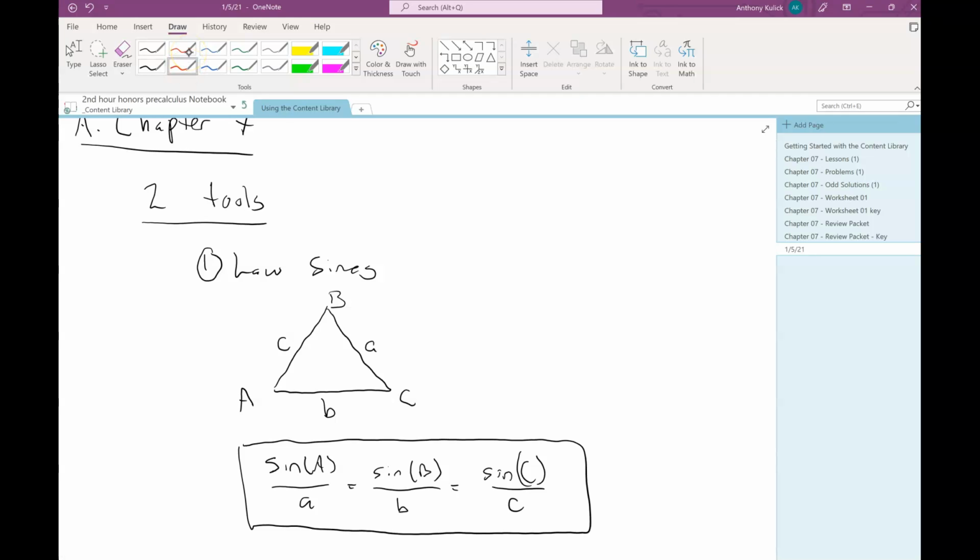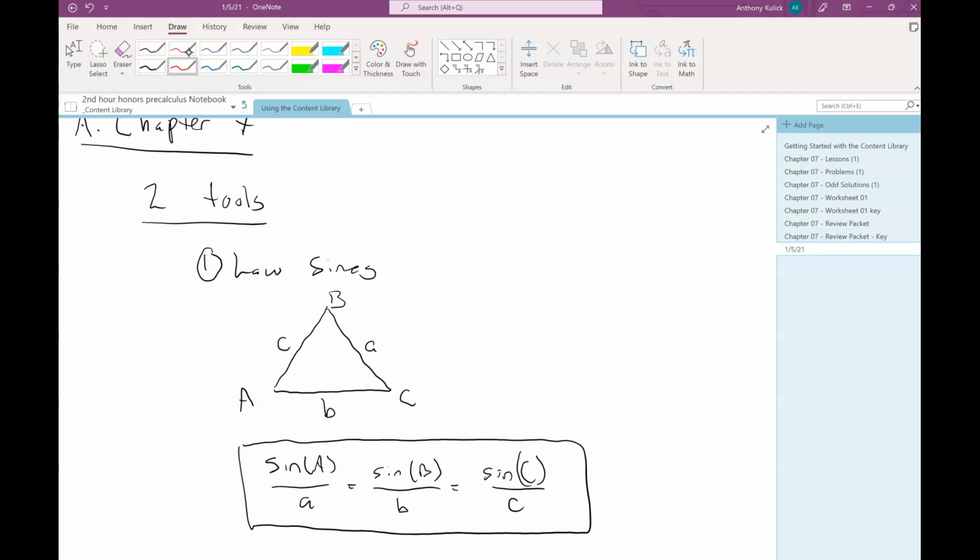So let's show why this formula is true. It's one thing to write it down and say, okay, believe me. It's another to ask, why does that work? So here's the trick of where this formula comes from.